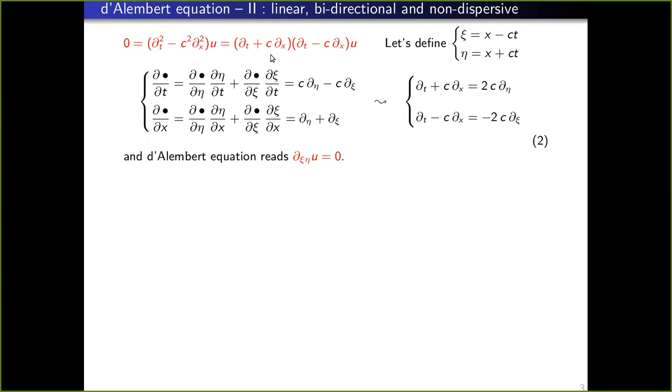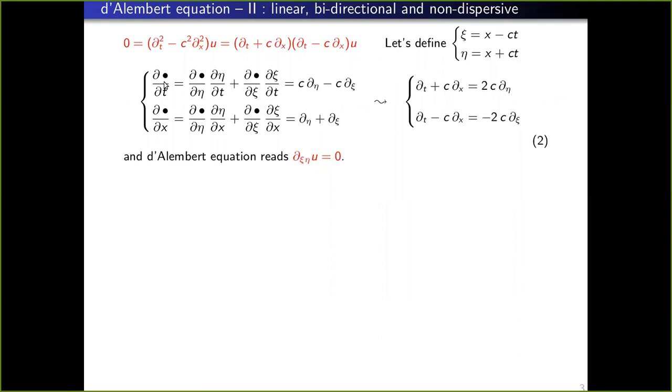Now, this factorization suggests to define new variables, psi, x minus ct, and eta, x plus ct. And let's consider u as a function of psi and eta, no longer of x and t.